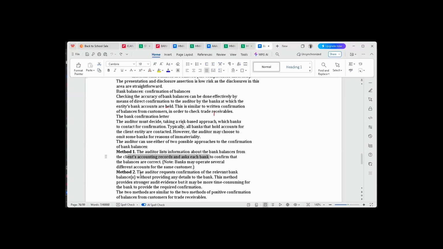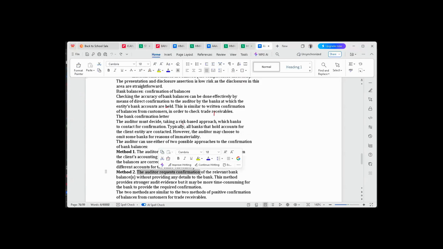Or number two, the auditor will write the bank separately, independently. That is, the auditor requests confirmation of the relevant bank balances without providing any details to the bank. Can you furnish me the account balances of this my client's accounts? Those are the two ways you can use.